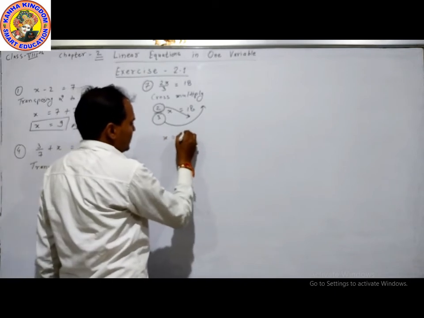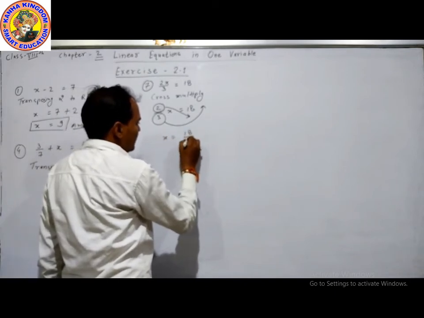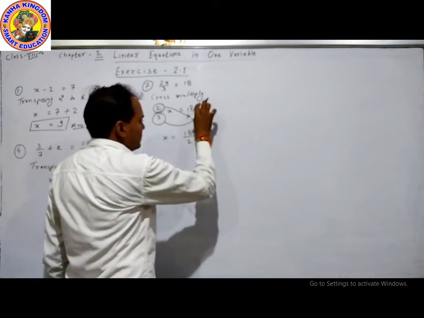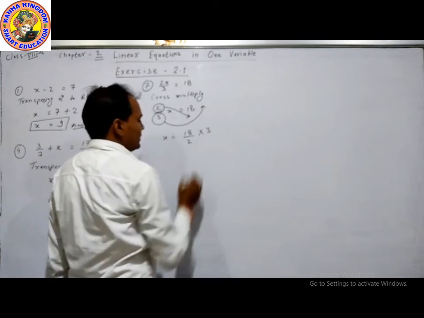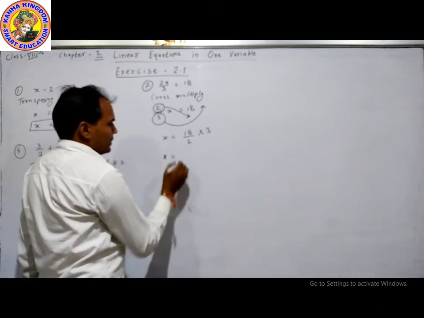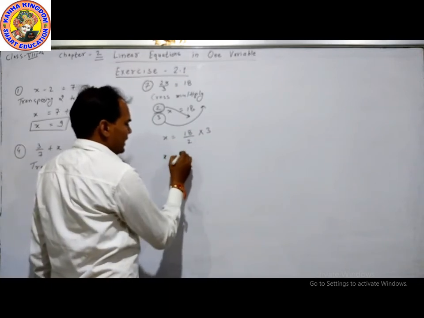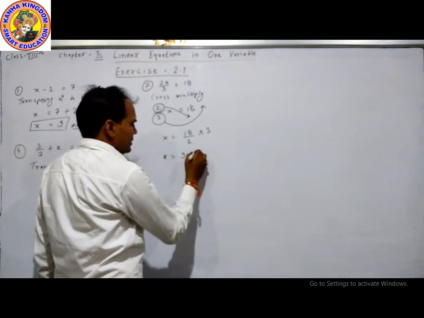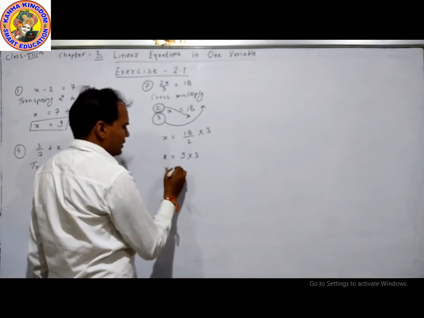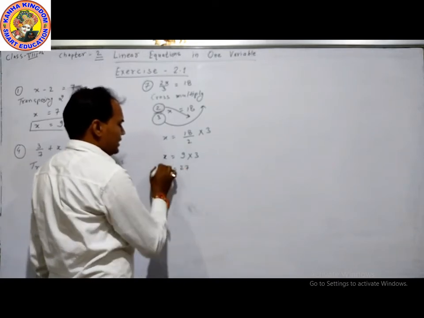Then x is equal to 18 upon 2, then multiply by 3. We can divide 18 by 2. Answer is 9. Multiply by 3. Answer is 27.